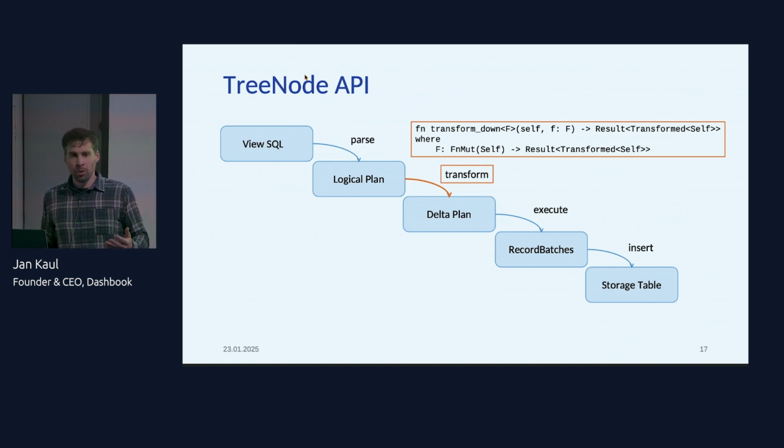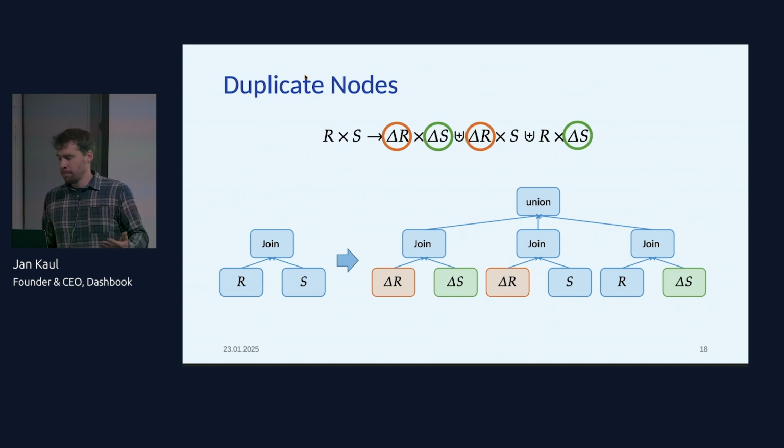One issue you run into when you want to implement this algebraic incremental view maintenance is that you get duplicate nodes in your logical plan. If you look at the formulas I presented to you for the join, for example, in the original statement you have single entities of both expressions, but in the transformed expression you always have duplicate nodes.